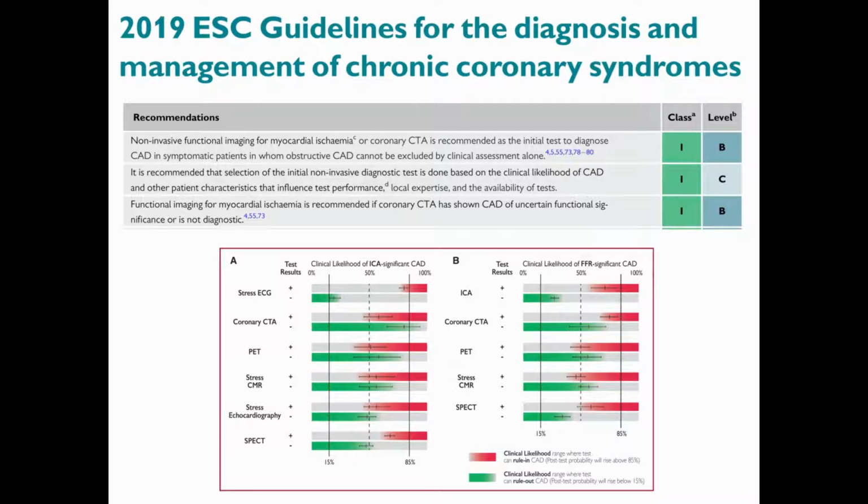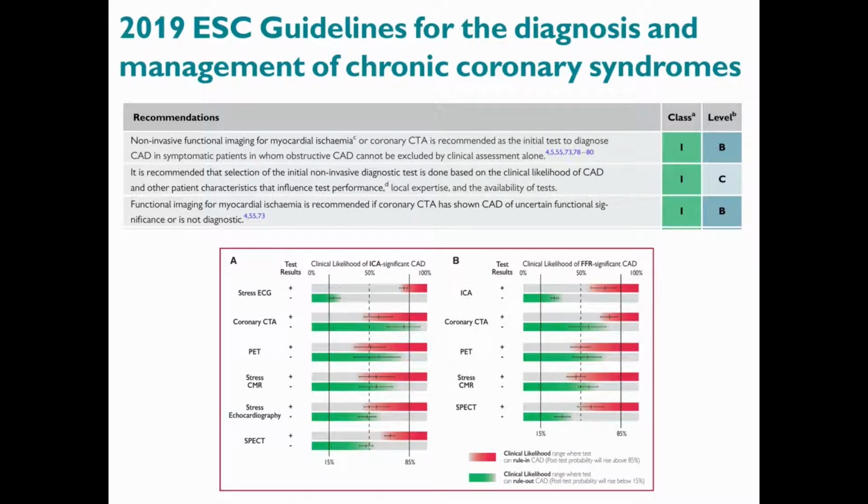They don't differentiate between the different modalities in terms of their use for the diagnosis of stable coronary disease. They all get a class 1 indication. They talk about using the tests according to clinical likelihood, what's available and your local expertise.